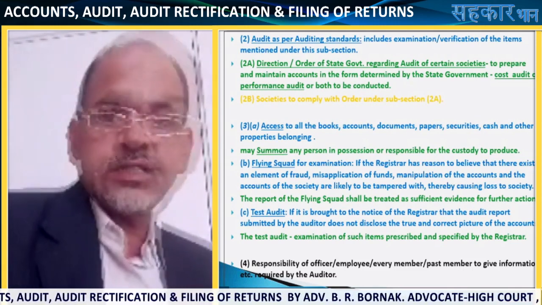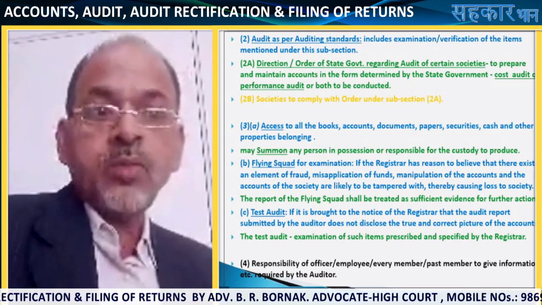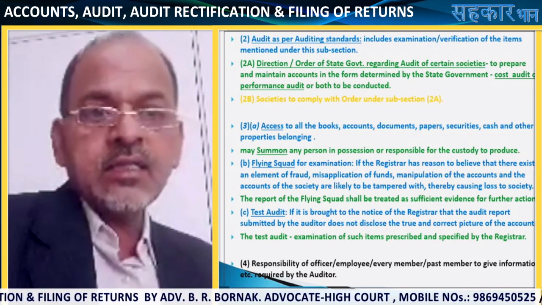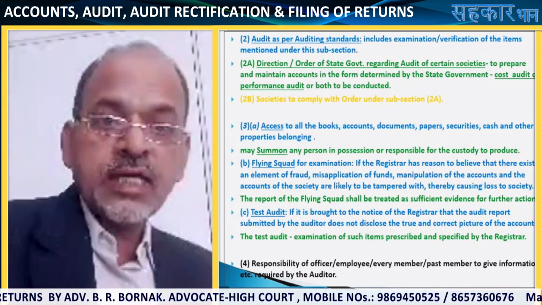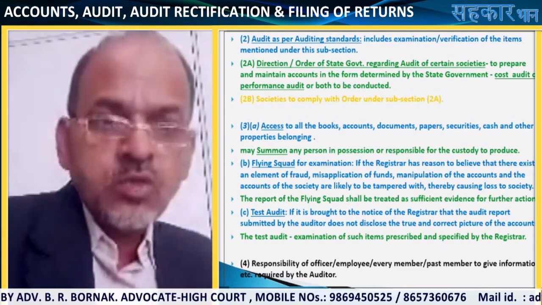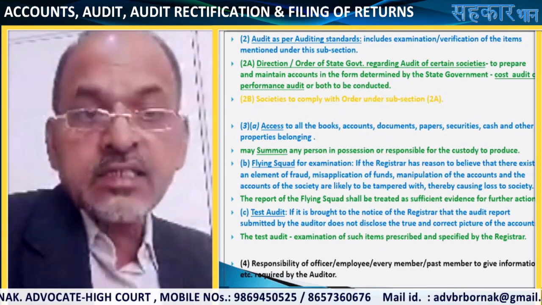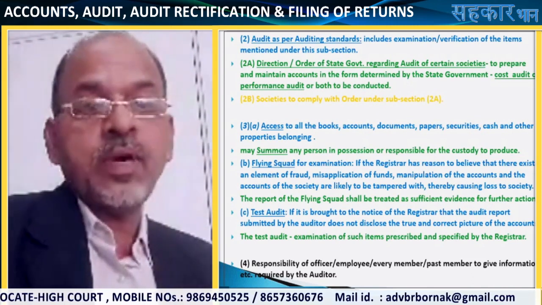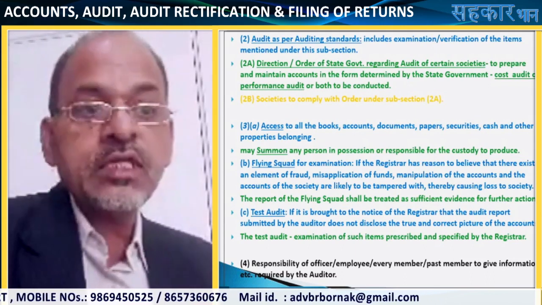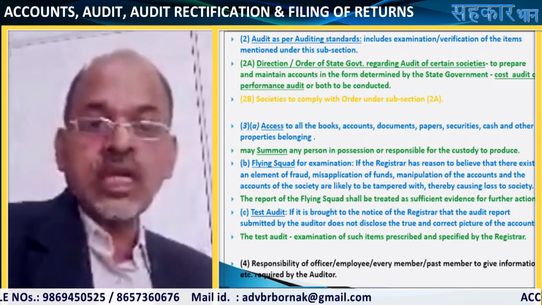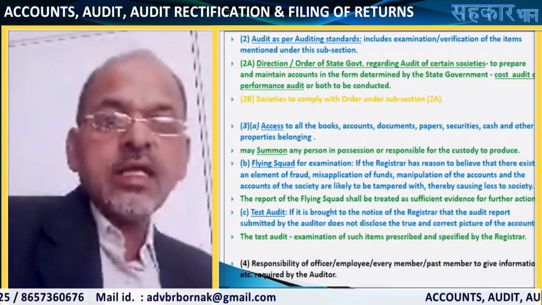The registrar can appoint a flying squad if the registrar has reason to believe that there exists an element of fraud, misapplication of funds, or manipulation of the accounts, and that the accounts of the society are likely to be tampered with, thereby causing loss to the society.